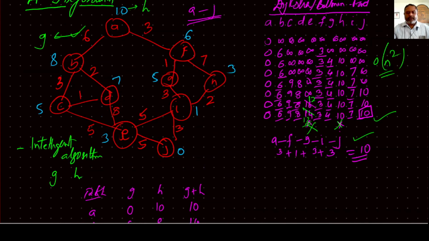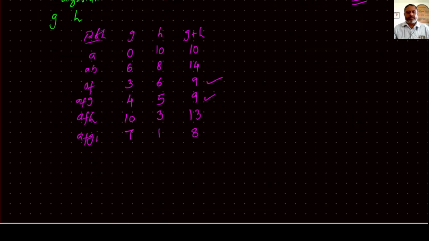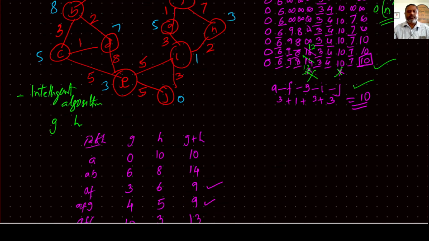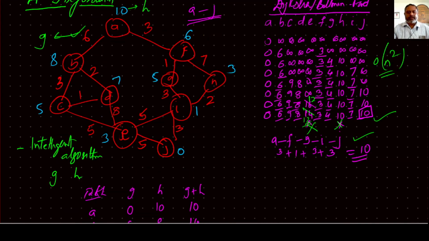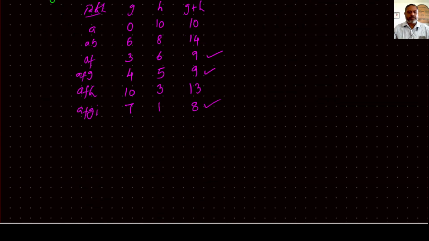And the value of heuristic at I is 1, so that makes 8. So among all, 8 happens to be the smallest, so let us extend from AFGI.